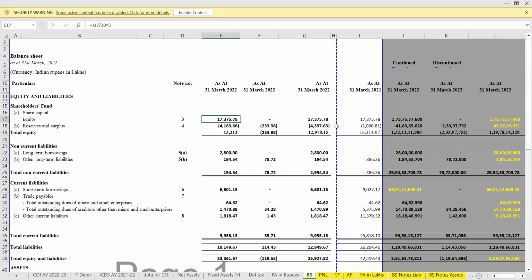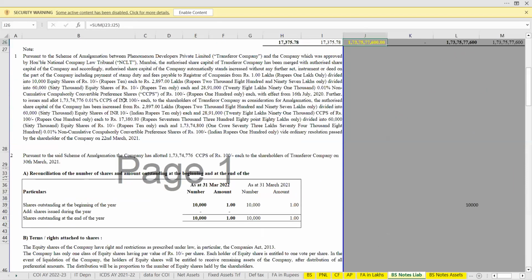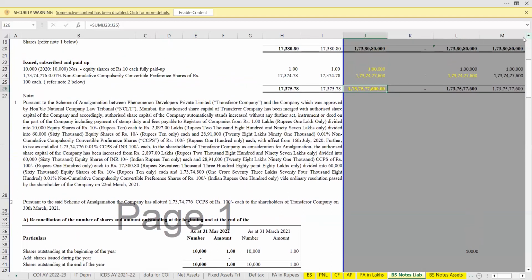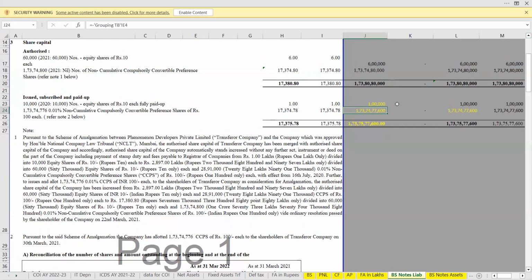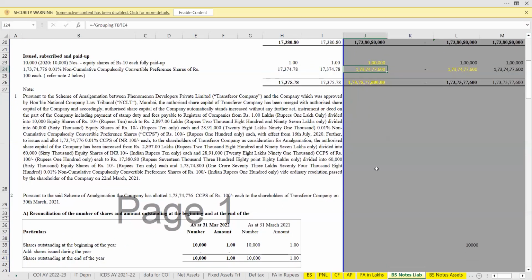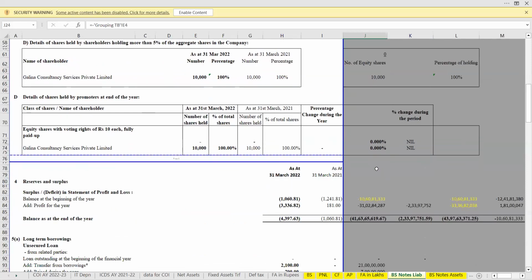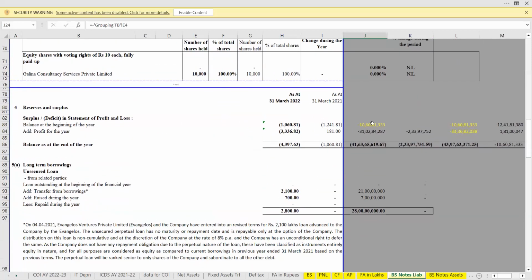And if you see here, it is all connected to this particular note, and that note will be connected to, if I go here, the trial balance. See, these figures will come from the trial balance. This is share capital, that's why it is like that.